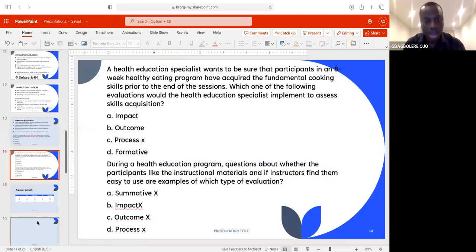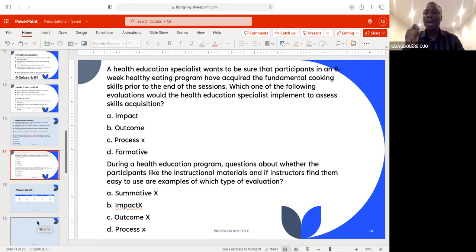Okay, next question. A health education specialist wants to be sure that participants in an 8-week health ed program have acquired the fundamental cooking skills. Again, I say to you, my dear friends, in taking this exam, understand what the key words are.